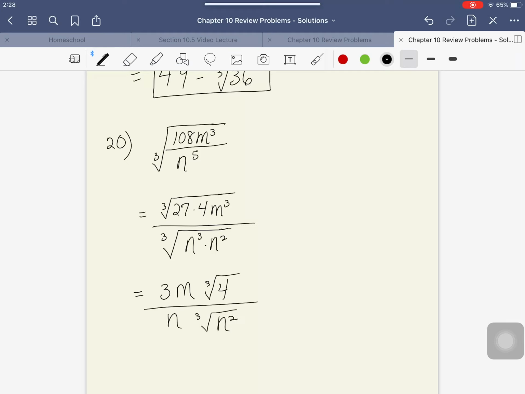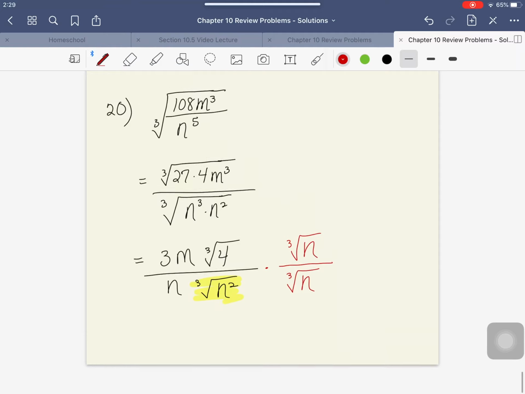Now, I cannot leave a radical in the denominator, so I have to rationalize. I want to have a perfect cube. I have 2 n's, so that means I need one more. So I'm going to multiply by the cube root of n.